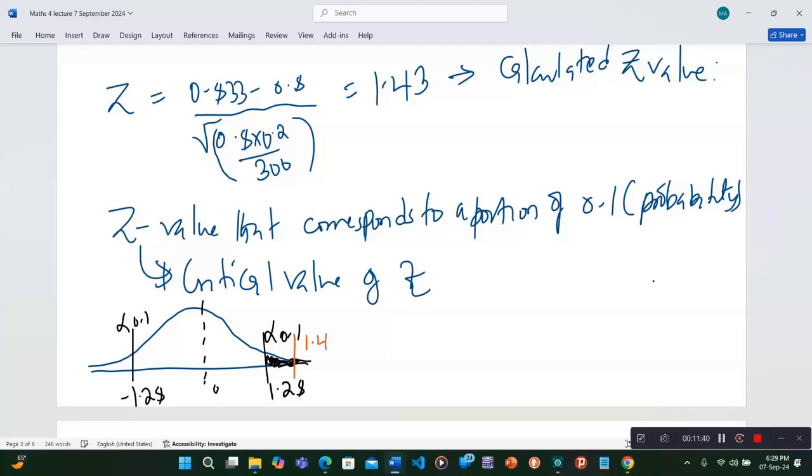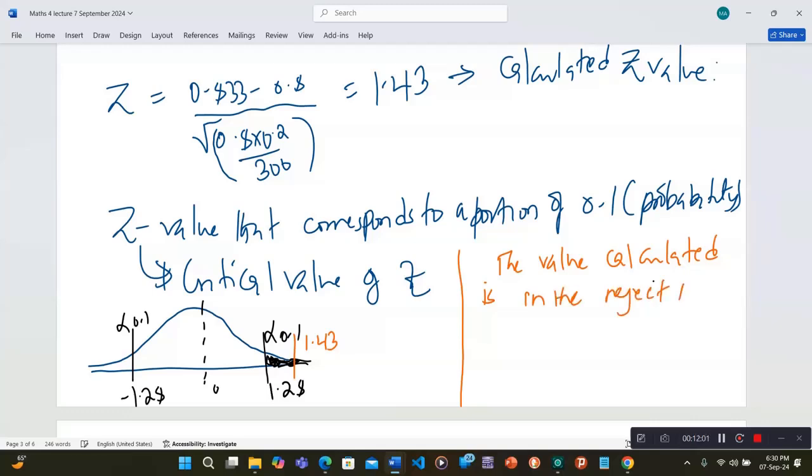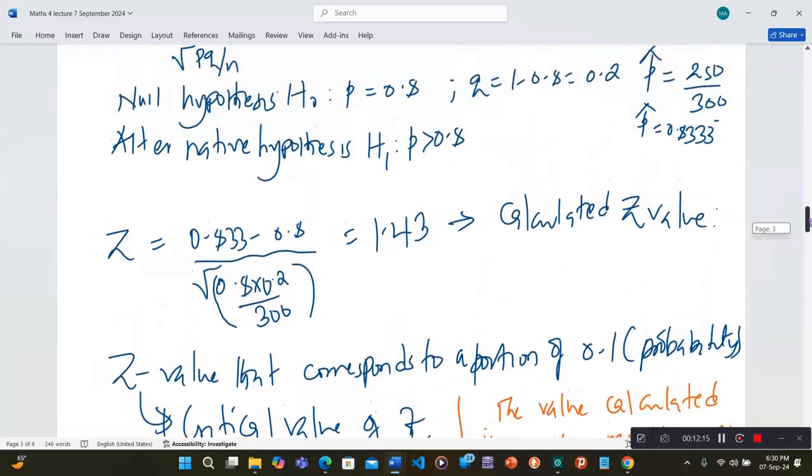So we can see that the calculated value is in the rejection region. And so we reject the null hypothesis.